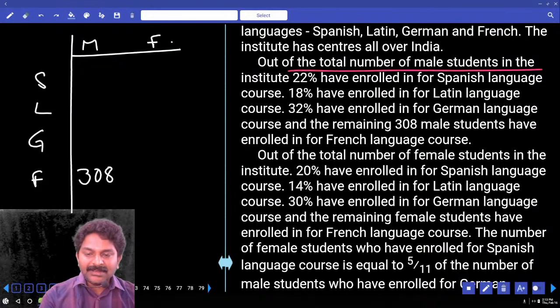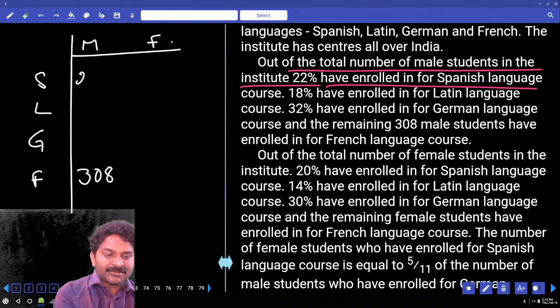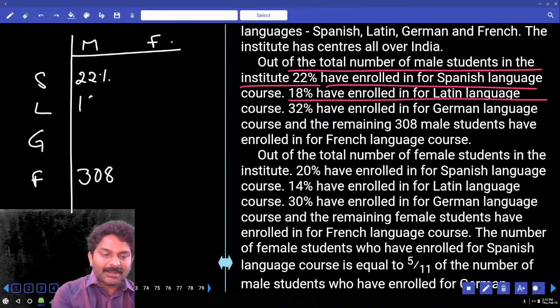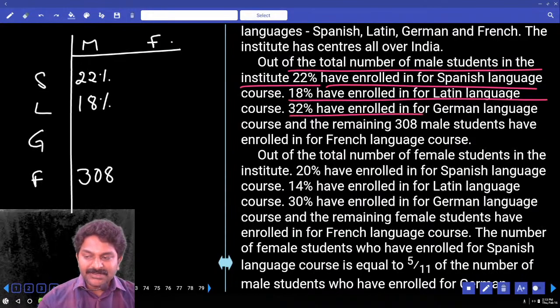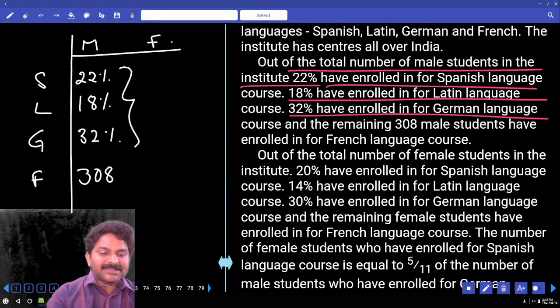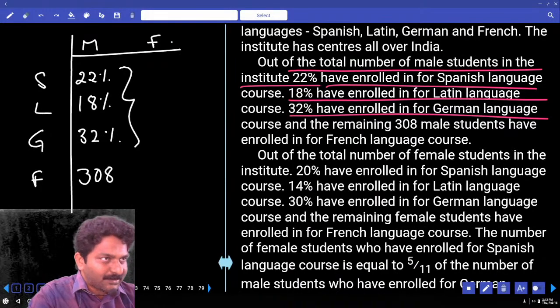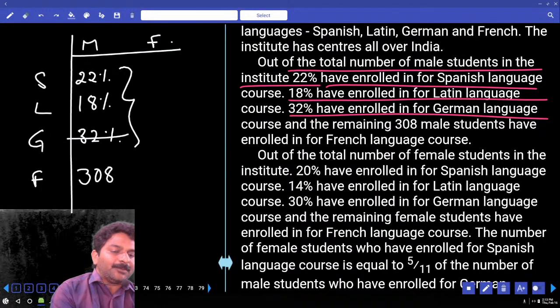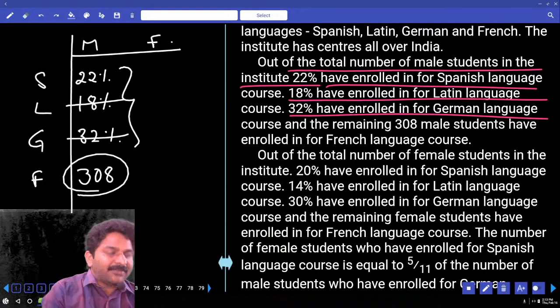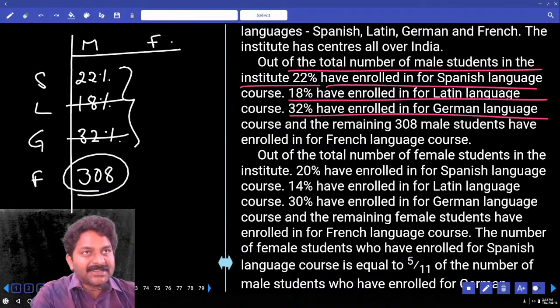Total number of males in the institute: 22% enrolled for Spanish, 18% for Latin, 32% for German. These three are represented in percentage. Total must be 100. 32 plus 18 is 50, 50 plus 22 is 72, remaining 28. So this value must be 28%. Then 1% is 11.